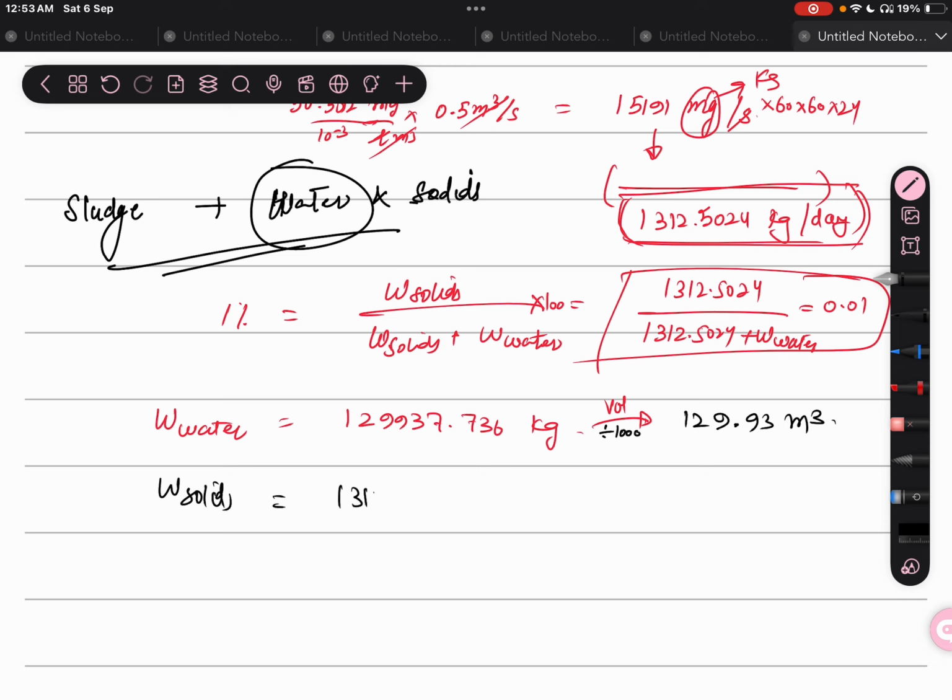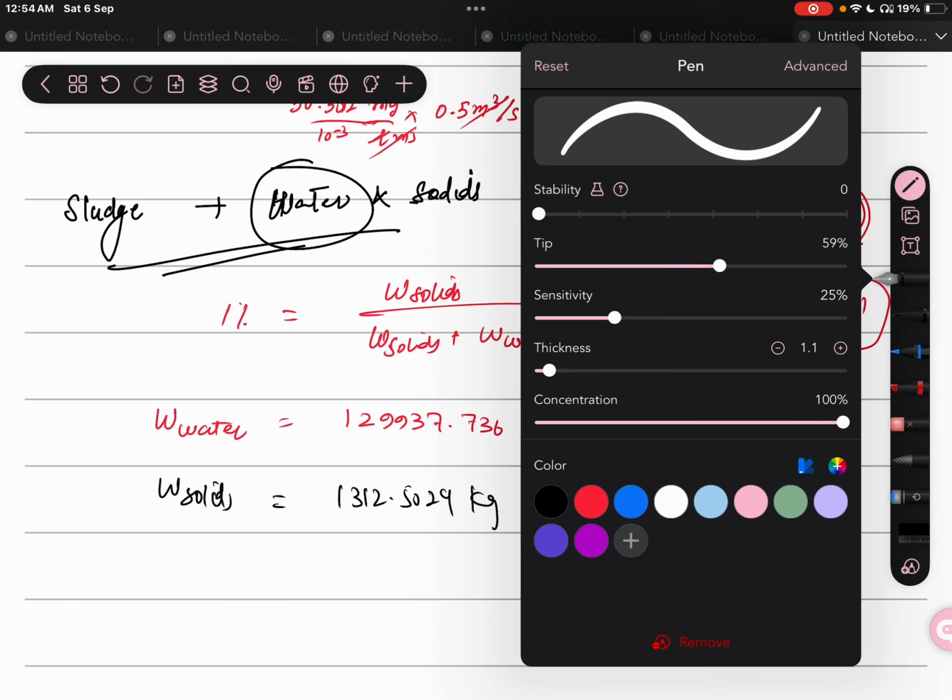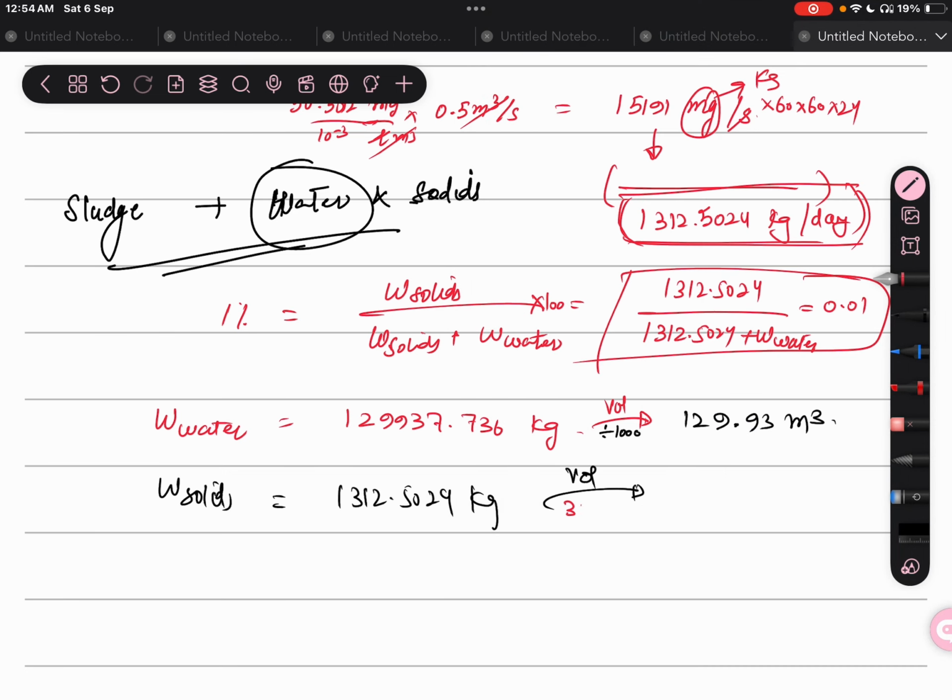And the solids are 1312.5024 kg. To calculate this to volume, I have to divide by 3010 because the specific gravity is 3.01. So 1312.5024 divided by 3010 comes out to 0.436 meter cube.